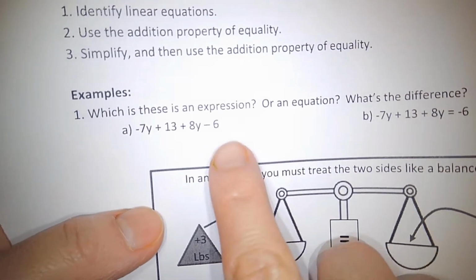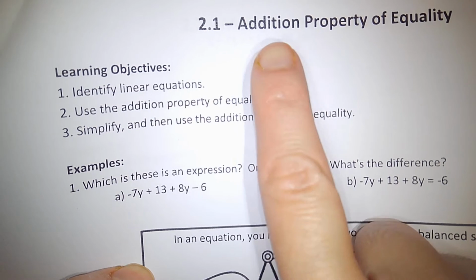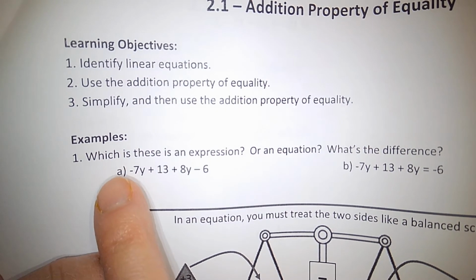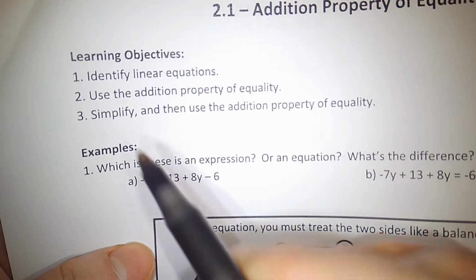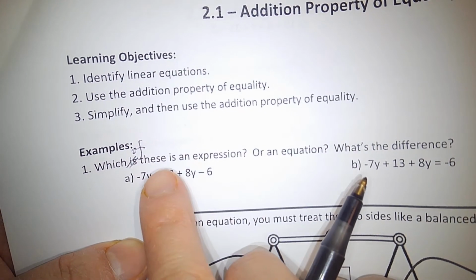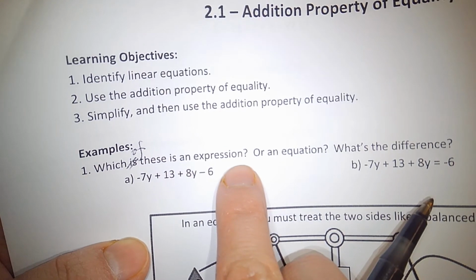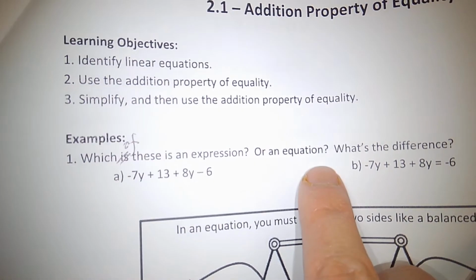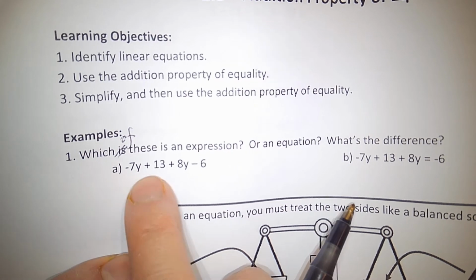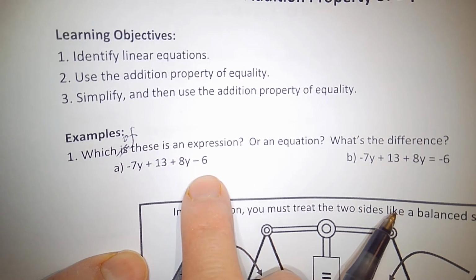So let's look at the first page of the notes, okay? Example 1, section 2.1, addition property of equality. Which of these, this is a typo, which of these is an expression or an equation? What's the difference? Question A, is this an expression or an equation?